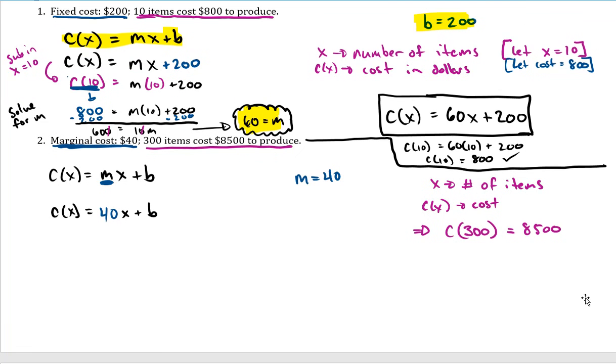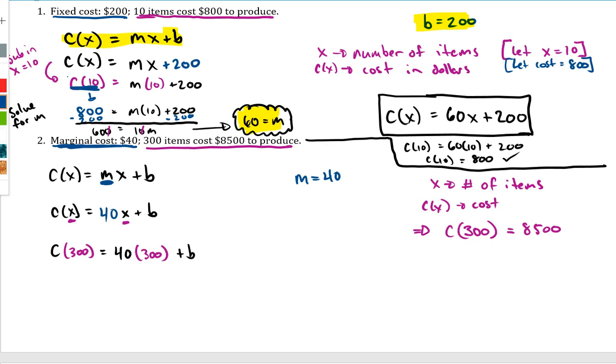All right, well, using this in the purple, let's go ahead and change those x's in our main equation to the left to 300s. So we've got c of 300 is equal to 40 times 300, and then plus b. And then we'll change our cost.